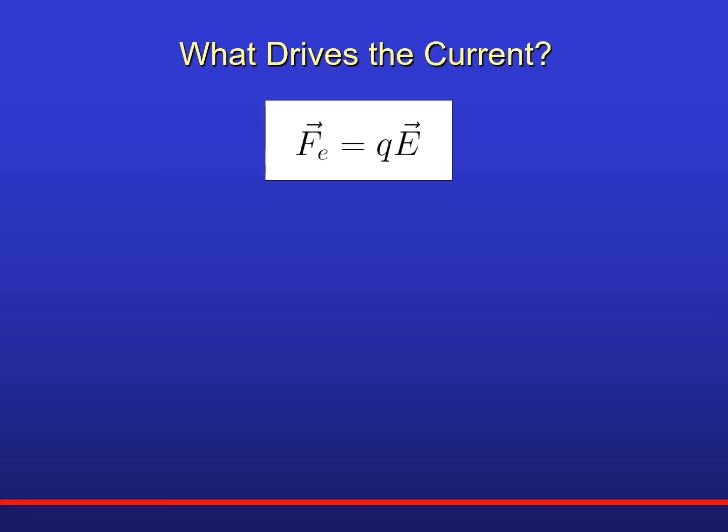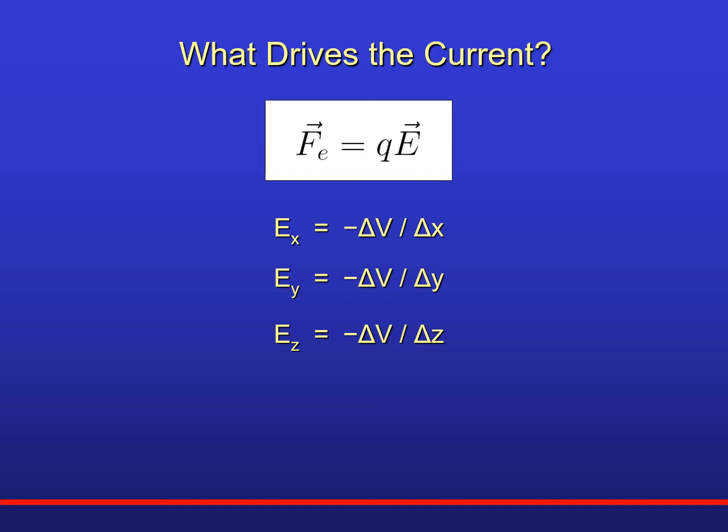Okay. So what drives the current? Well, here's an expression we've used before. Electric force equals QE. It's the electric field acting on a charge. Where do we get the electric field?